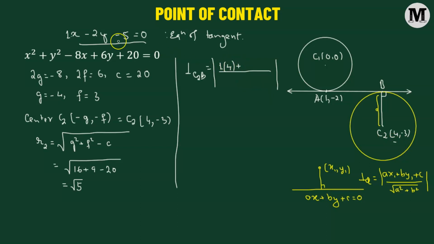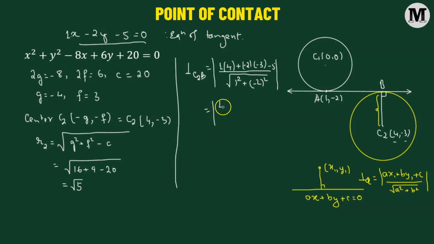Added to, we'll take the coefficient of y, that's negative 2. Negative 2 will get multiplied to the y coordinate of the center C2, that's negative 3. And then we add it to the constant term, that's negative 5. And we are going to divide it by the square root of the coefficient of x, which is 1, squared, added to the coefficient of y, which is negative 2, squared as well.